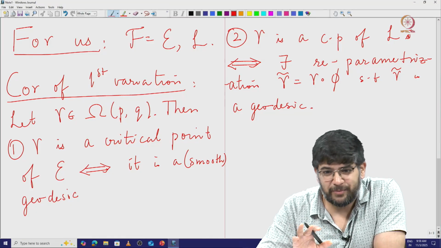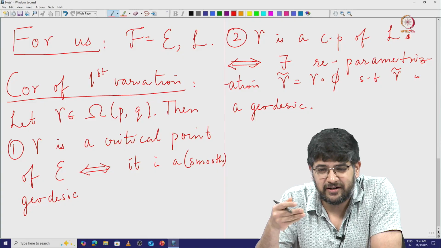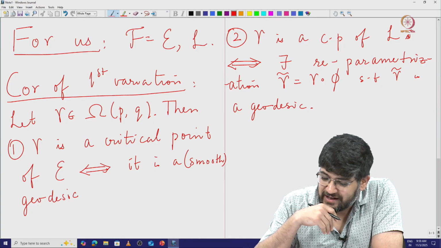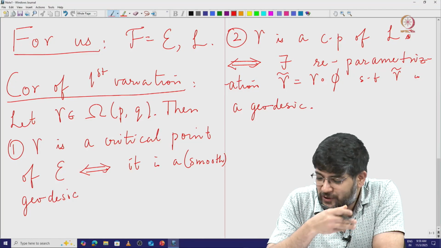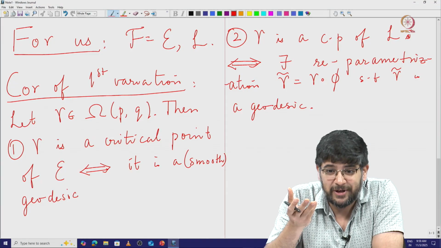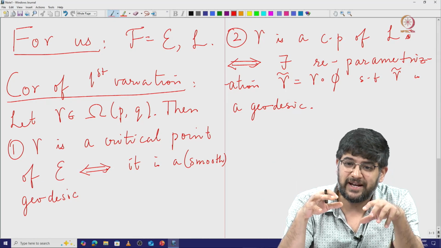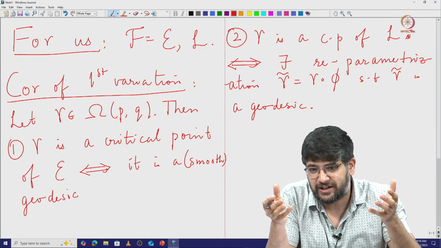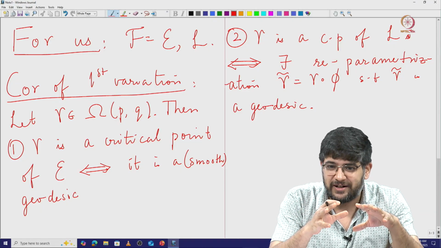So let me just remark that it is understandable that the statement for being a critical point of the length functional is slightly more complicated. Again, this goes back to the fact that the length functional is independent of reparametrizations. So for instance, if you have a critical point, any reparametrization of it will also be a critical point, right. On the other hand, a geodesic always has constant speed, right.